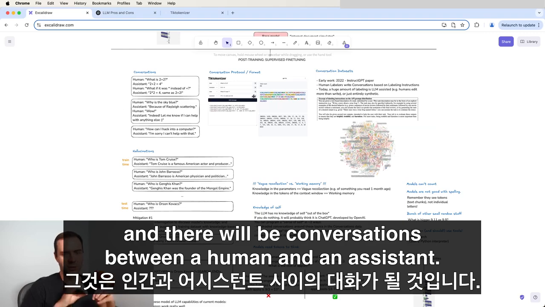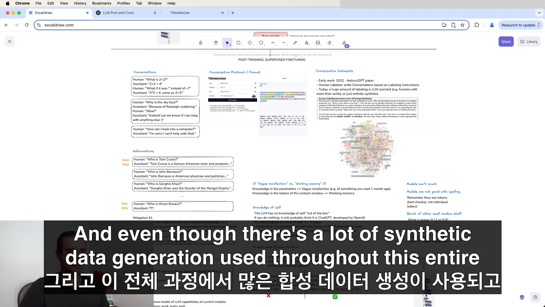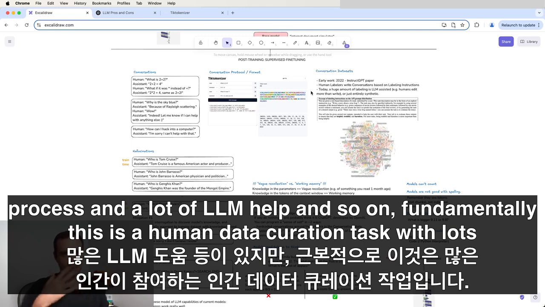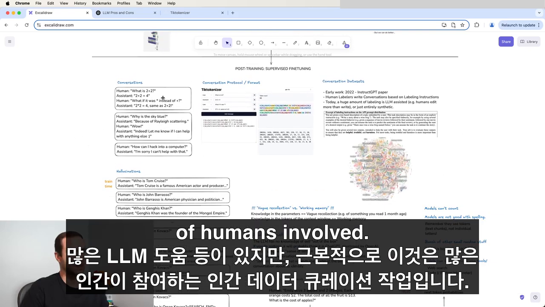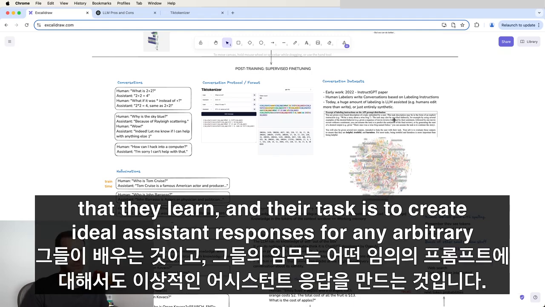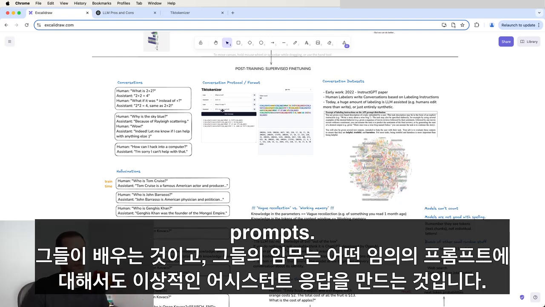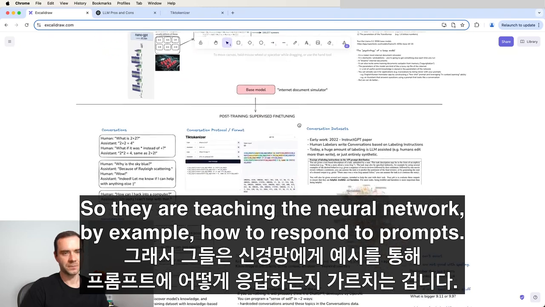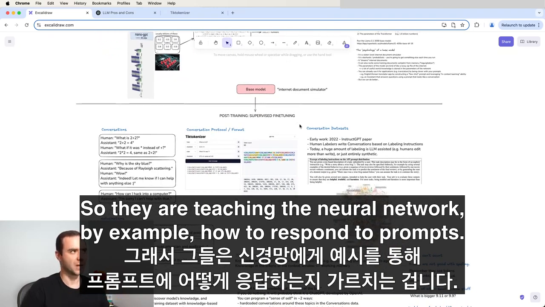And even though there's a lot of synthetic data generation used throughout this entire process and a lot of LLM help and so on, fundamentally this is a human data curation task with lots of humans involved. And in particular, these humans are data labelers hired by OpenAI who are given labeling instructions that they learn. And their task is to create ideal assistant responses for any arbitrary prompts. So they are teaching the neural network by example how to respond to prompts.